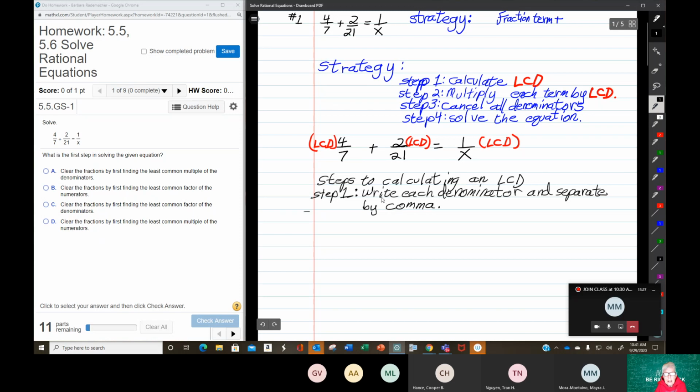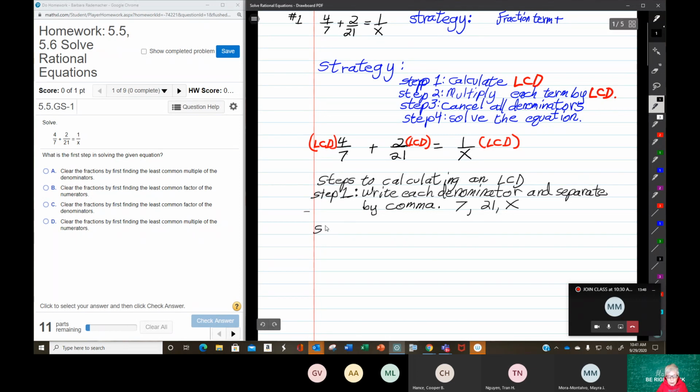So here we go. These are the denominators right here, 7, 21, and x. So I am going to write down 7 and 21 and x. Those are my 3 denominators.